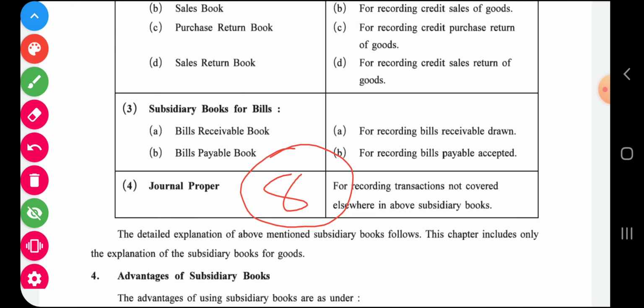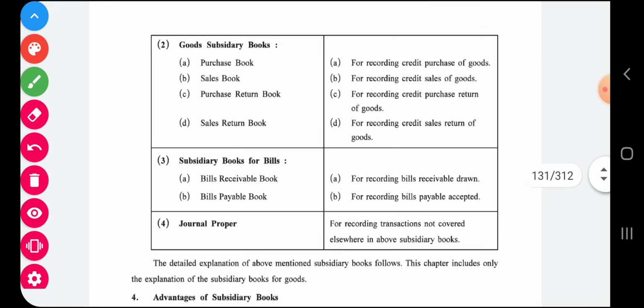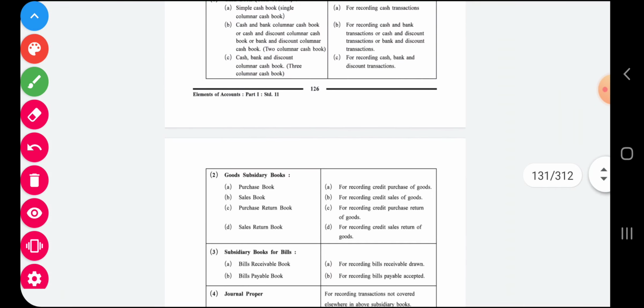In short, the subsidiary books are divided into 3 lessons. If you divide the whole thing, we have 3 lessons to discuss: in chapter number 6, purchase book and sales book; in chapter 7, cash book; and in chapter 8, journal proper.